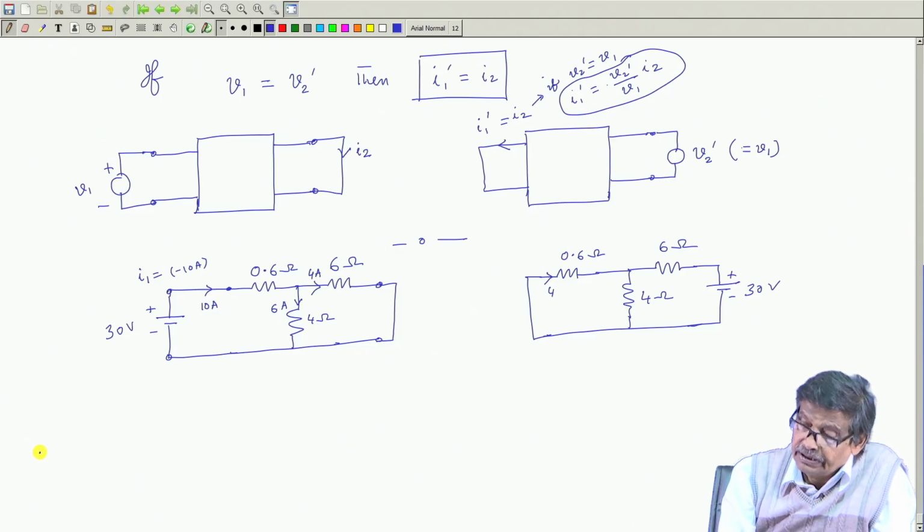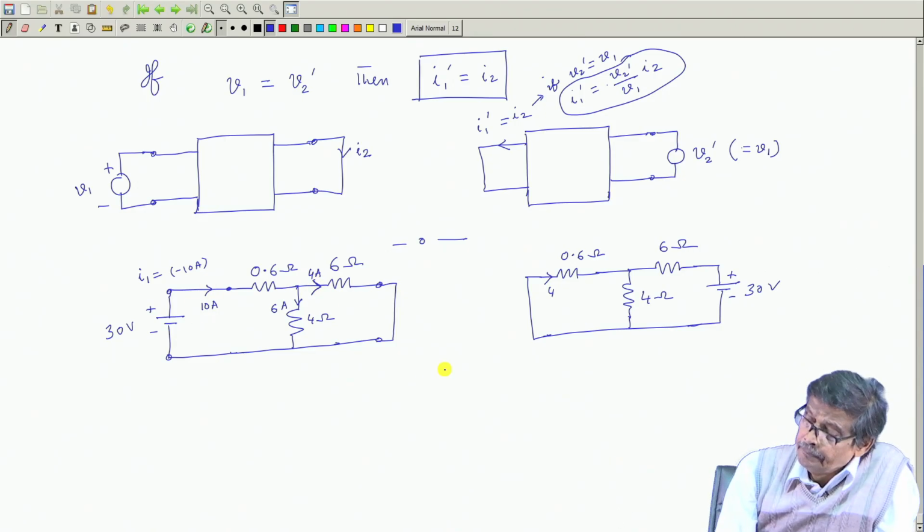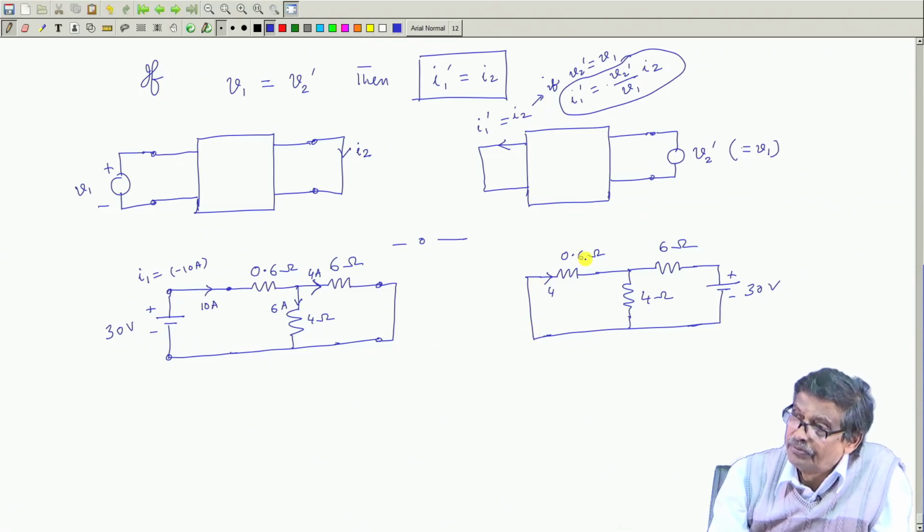Then I will say that this is minus 10 ampere and this is 4 ampere, that is fine. Now, if you apply 30 volt here, what will be this current? Top to bottom 4, so minus 4 ampere here. So from bottom to top it will be 4.